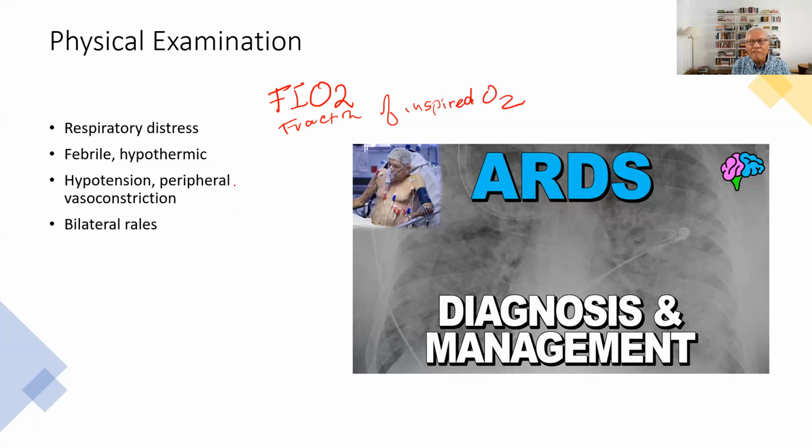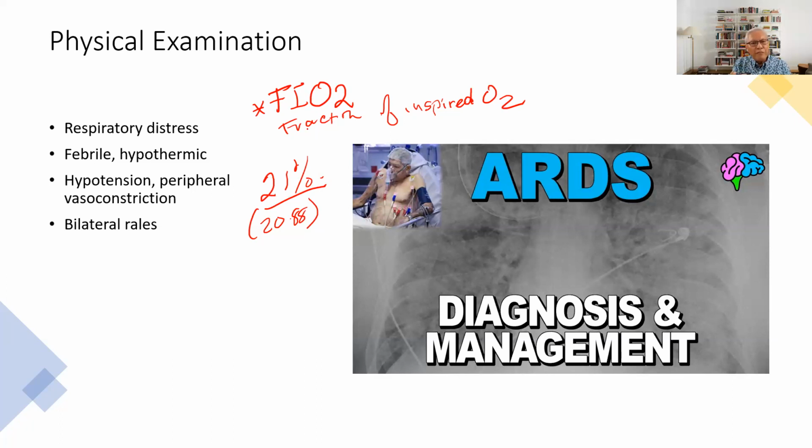So what is your FiO2 right now, for example? What is your FiO2 at the moment? All right, we all breathe 21% of oxygen from ambient air, or 20.88 to be exact. And so our FiO2 is 21%.